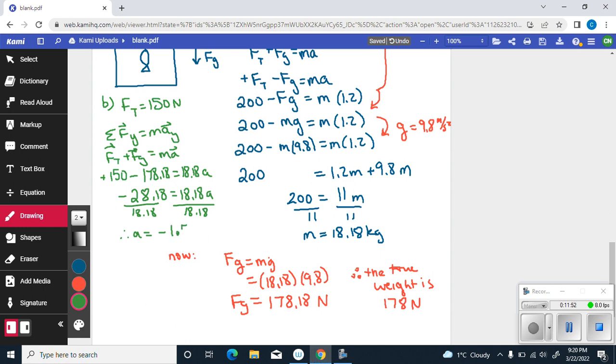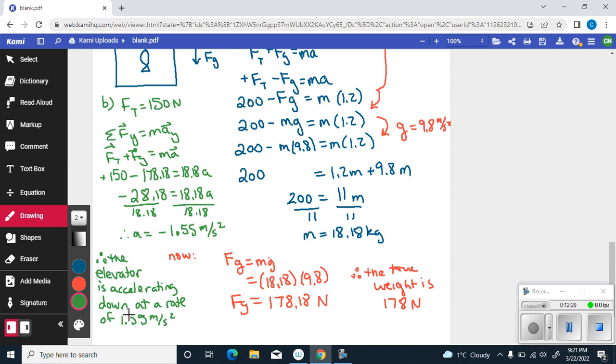Negative 1.55 meters per second squared. So that's telling me, therefore, the elevator is accelerating down at a rate of 1.55 meters per second squared.